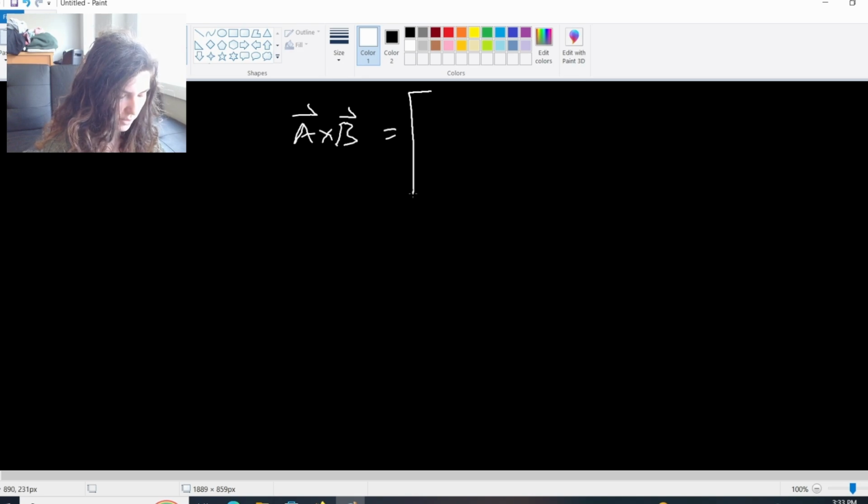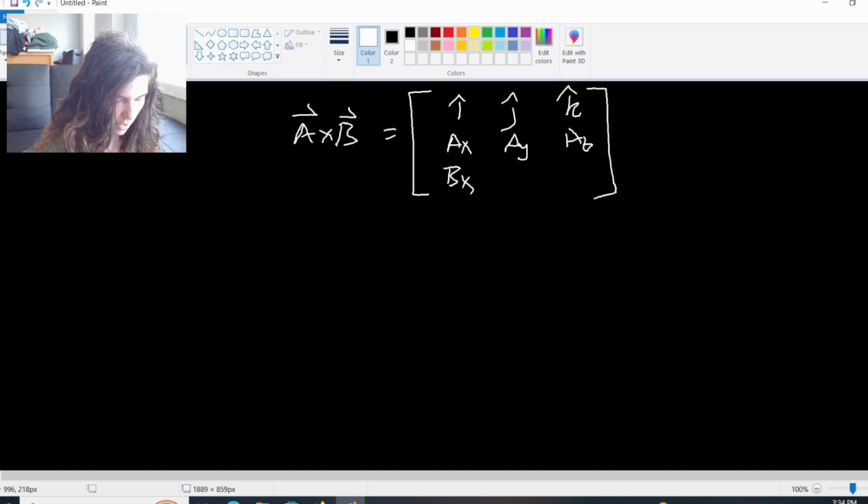And you may see it written with this bracket format, or you may see it written with just the straight lines on the sides. Either way is acceptable. It's just a small notational difference.